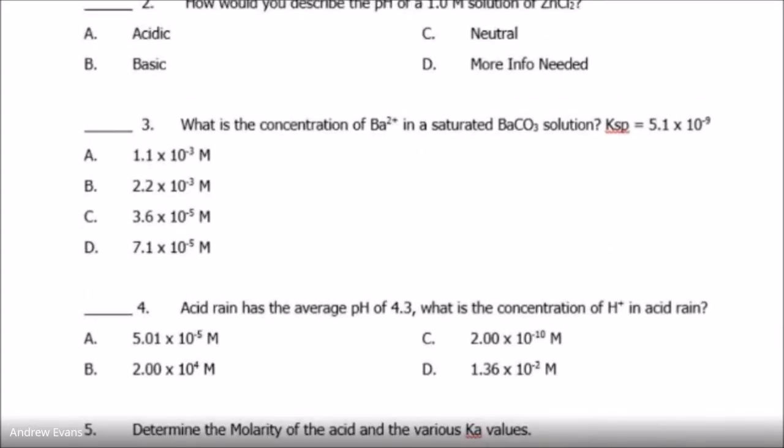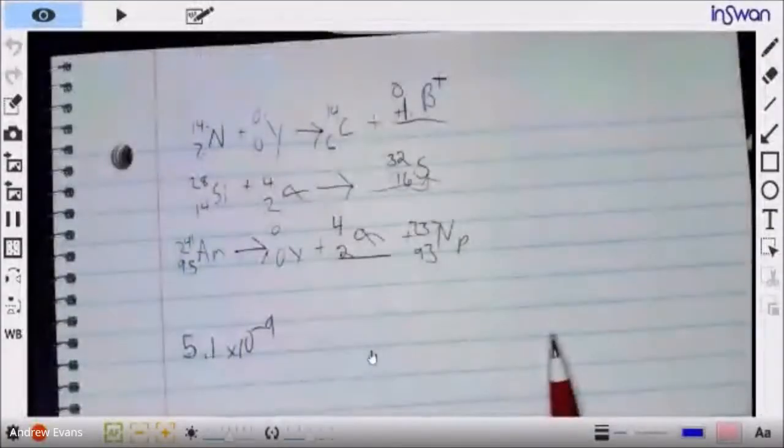What is the concentration of Ba2 plus in a saturated barium carbonate solution? Looking at this, we need the Ksp and an equation. So go into the doc cam.